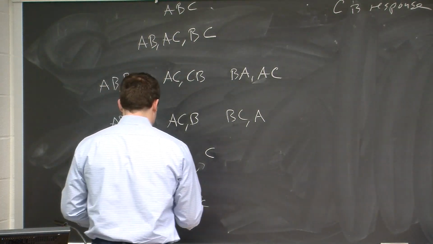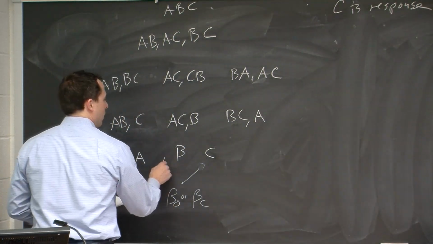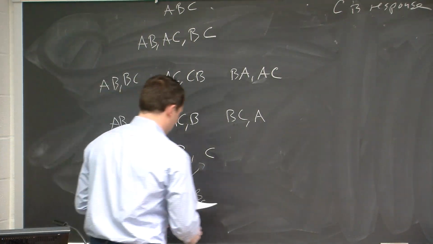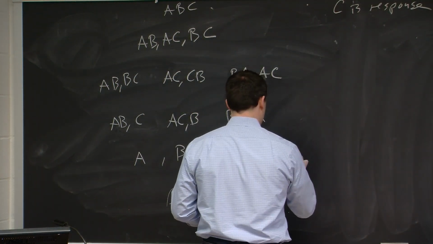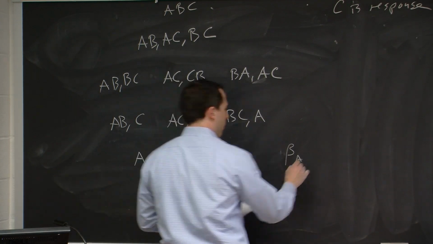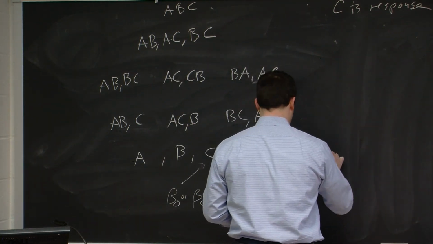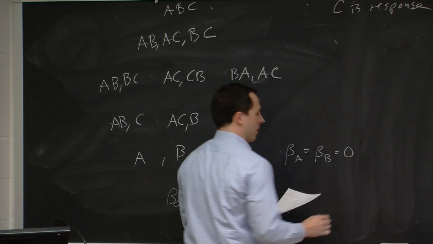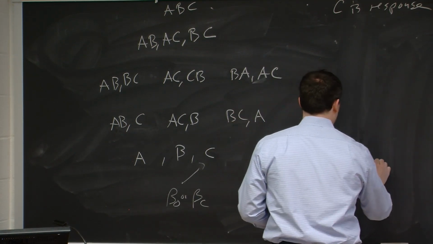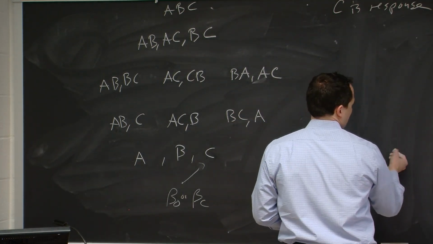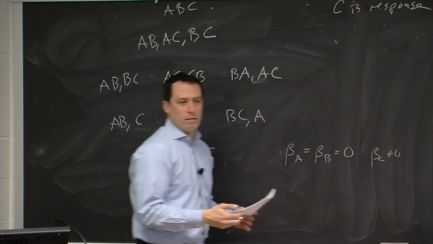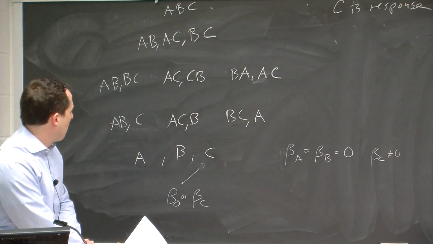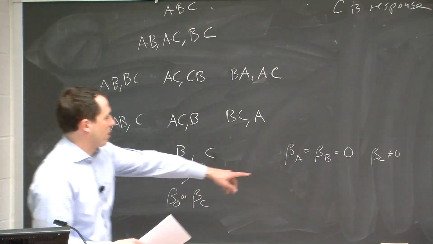So the independence model, A, B, C, what does that say? It says the coefficient for A is equal to the coefficient for B is equal to 0. And our coefficient for C is allowed to be non-zero in our independence model. This is our beta 0.